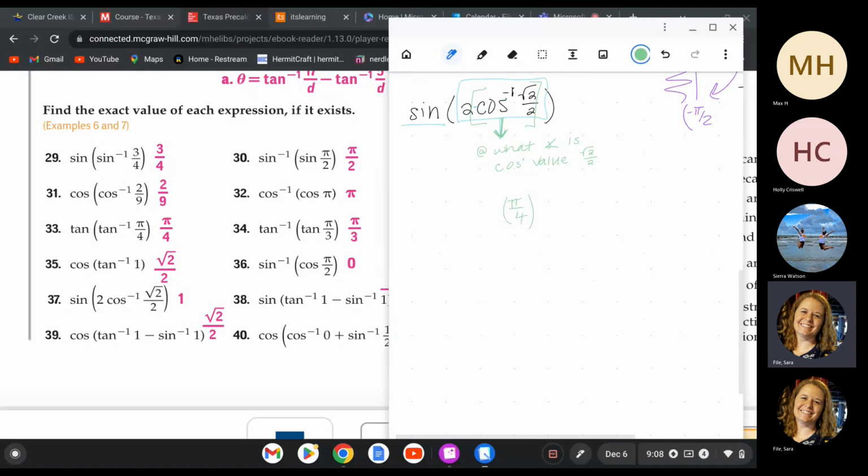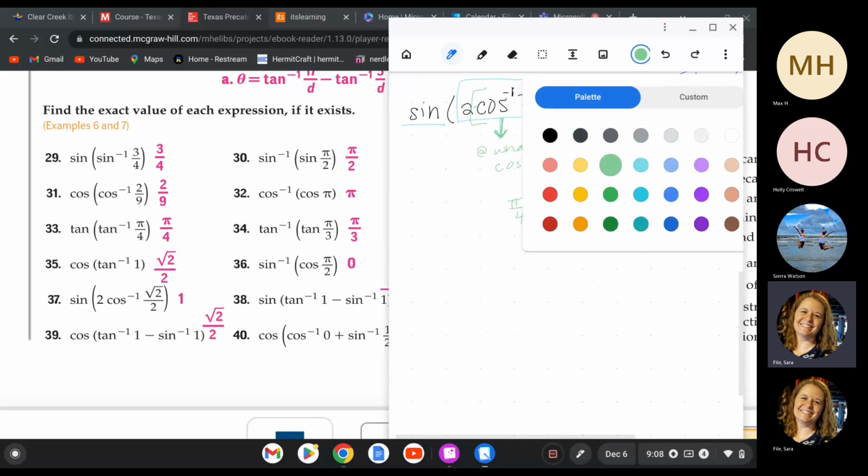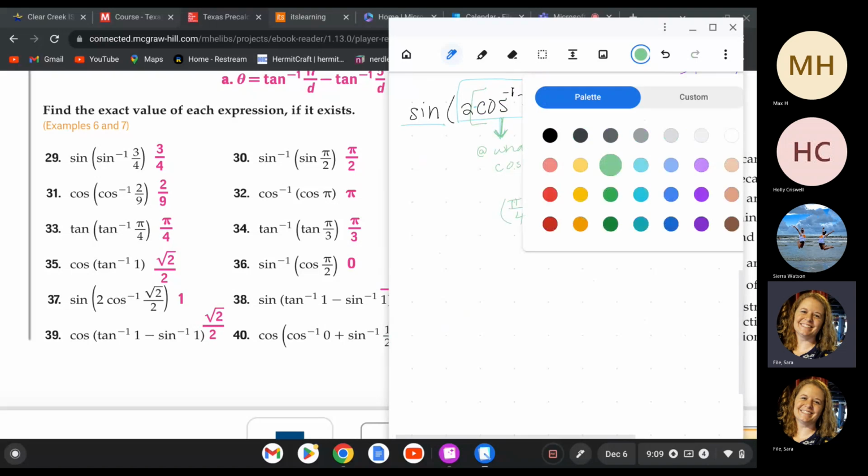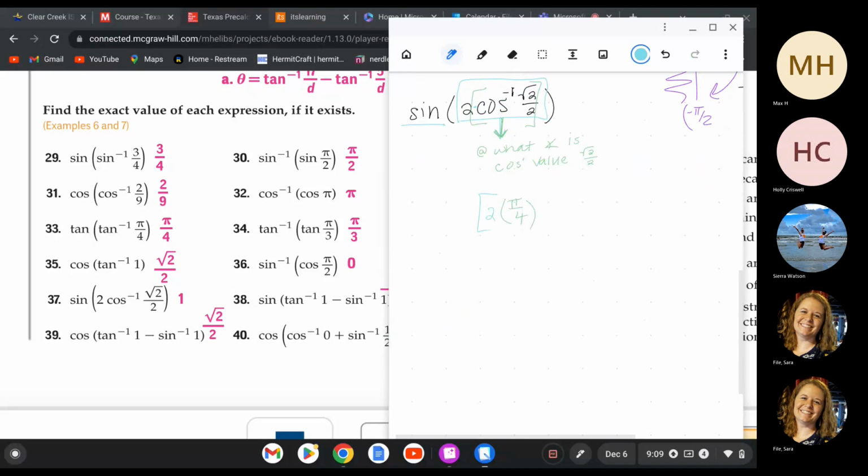Okay, so then I've still got that 2 out front and the sine out here. So 2 times pi fourths becomes pi halves. And then I want to do sine of pi halves.